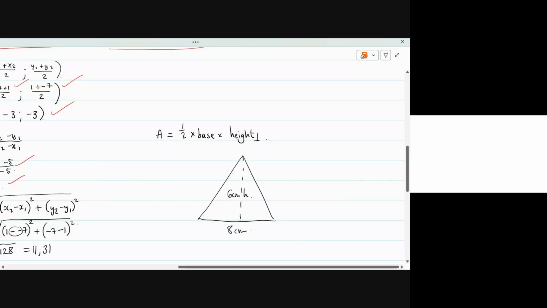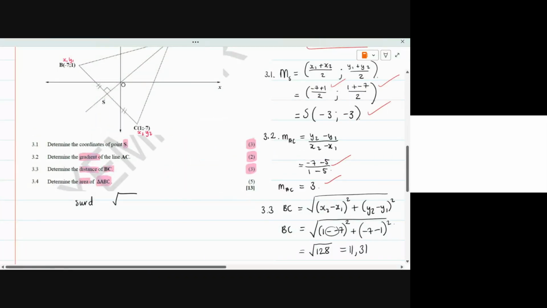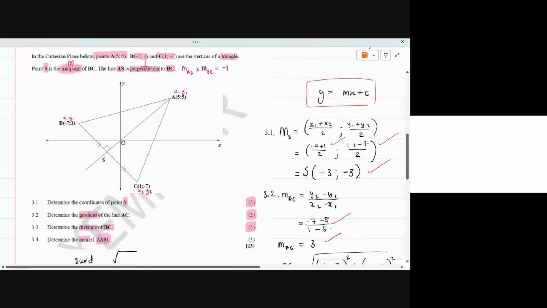I'm loving that you're noticing that it's the distance. And spot on. Please, assistant teacher Narisha, take it away. Okay. So, ma'am, now that we have BC's distance, we can calculate AS's distance because we have S's coordinates, and then we can find the area.